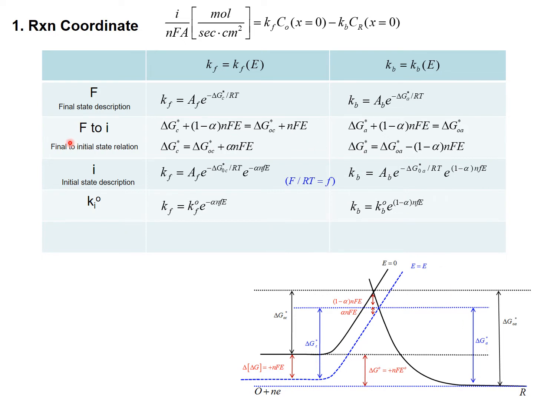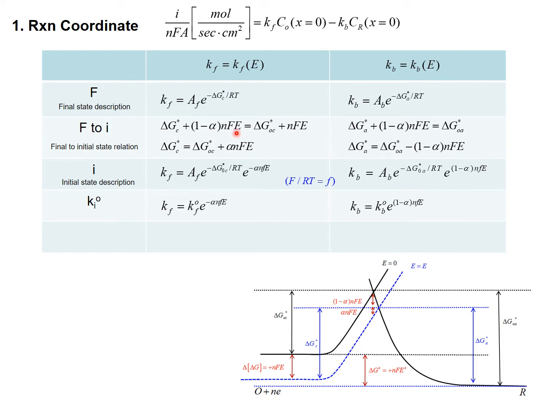Then, as the second step, I'd like to correlate the final state with the initial state. So let me think about the length from here to there. From the viewpoint of the final state, this length is delta G C star plus 1 minus alpha NFE.